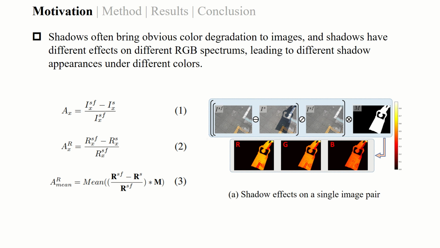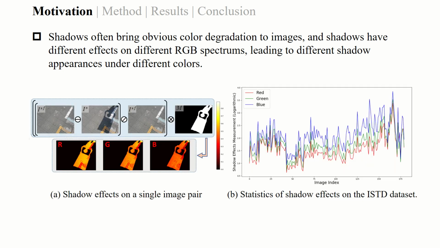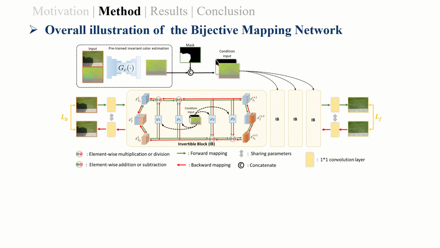For the whole dataset, we use equation 3 to calculate the average shadow effect of each image. And the statistic results are shown in figure B. This conclusion motivates us to employ the color cues to guide the network to remove shadows.